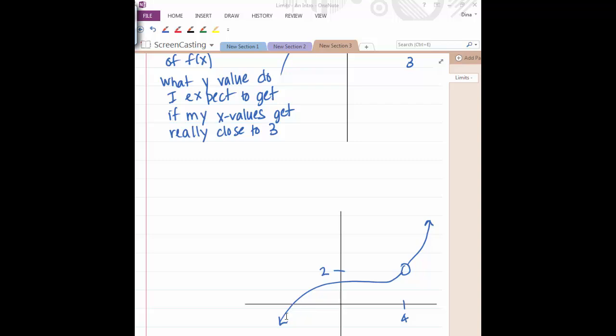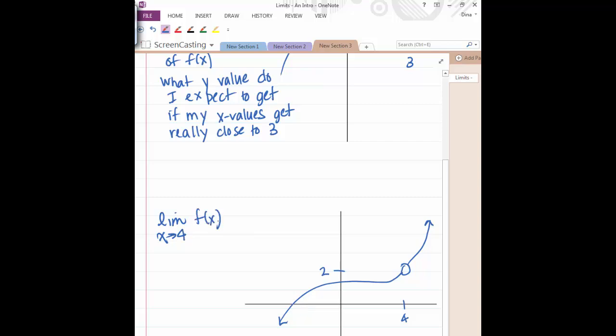In this function, you can see that there is a hole in the graph right here. So that means that this function is not defined when x is 4. But it looks like it's defined everywhere else. So let's think about what is the limit as x approaches 4 of this function.